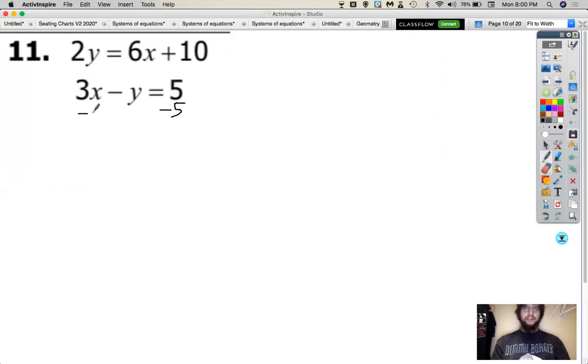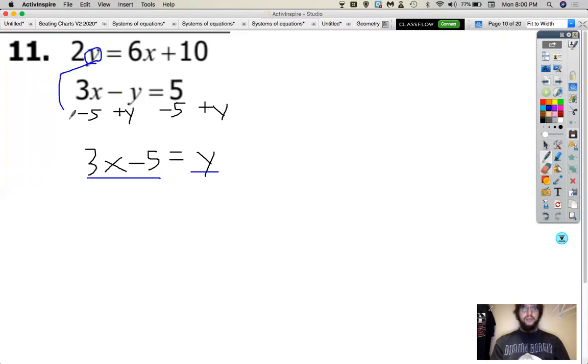Minus 5, minus 5, plus y, plus y. 3x minus 5, can't do anything with that. Equals, because -y plus y is nothing, 5 minus 5 is nothing, plus y is y. So now it's solve for y. y equals this thing. There we go. Up in here, that's what y is.